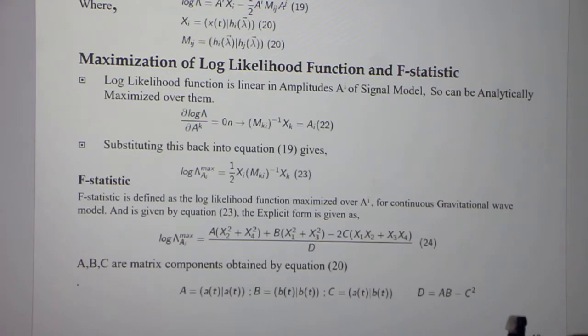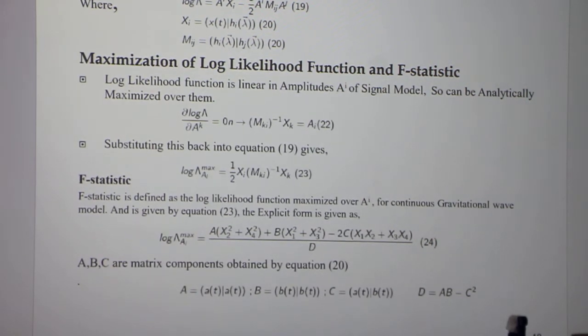So as I said earlier, the amplitudes have a linear relationship, so we can analytically maximize over them, and if we maximize over them, then we get this form of A_i.